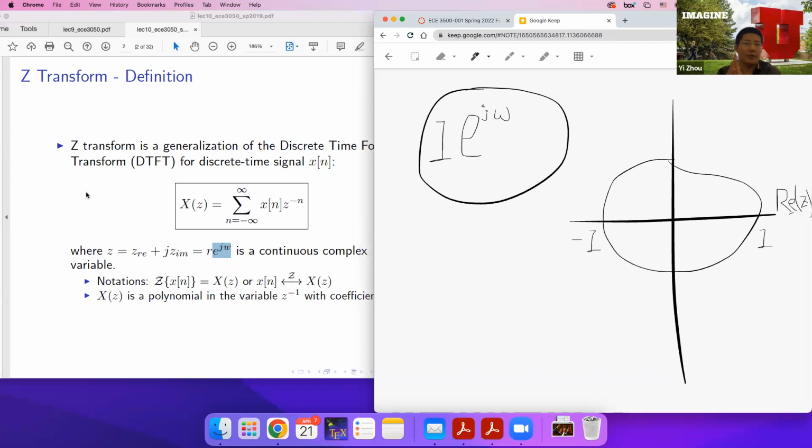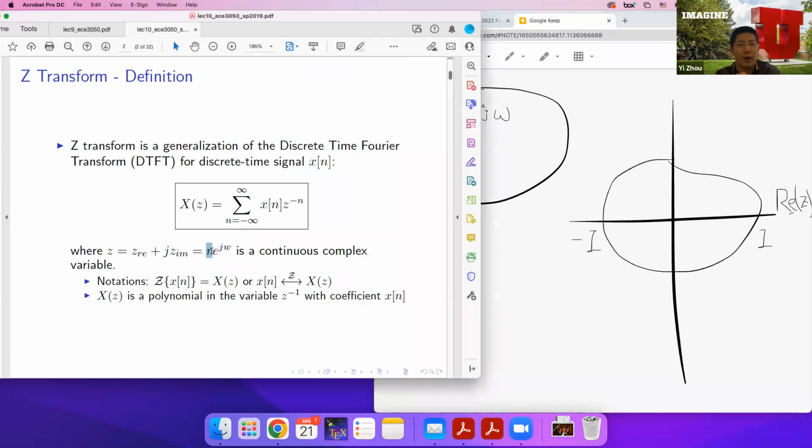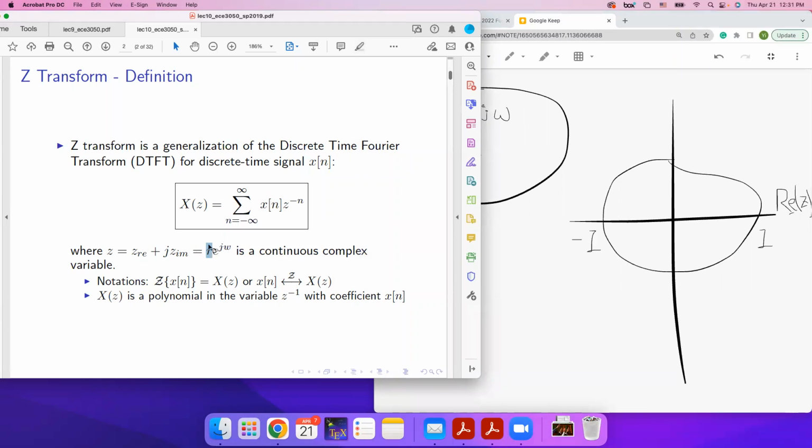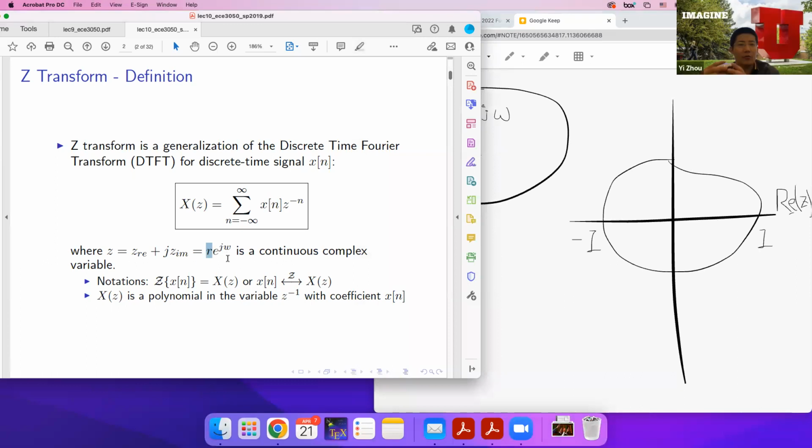The idea of the Z transform is again very similar: to extend the domain of the DTFT to the entire 2D complex plane. The way to do that is to add a magnitude variable r and allow the Z transform to be performed on circles of arbitrary radius. Once r ranges from 0 to infinity, we can cover the entire 2D complex plane.